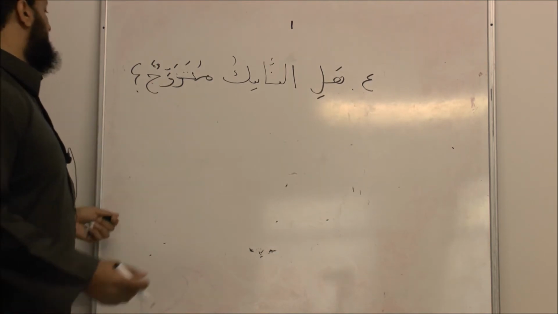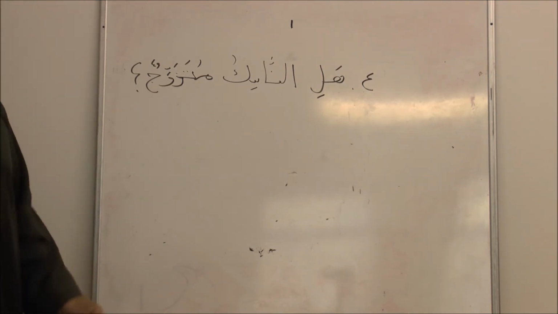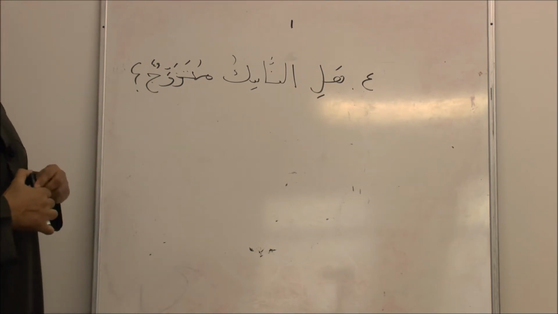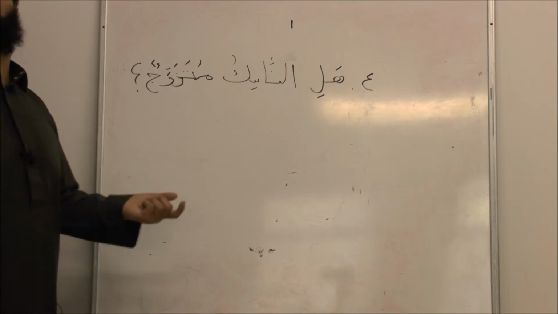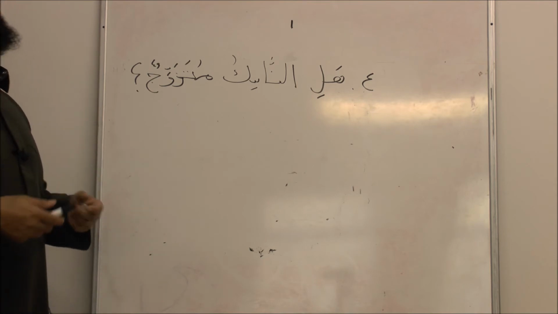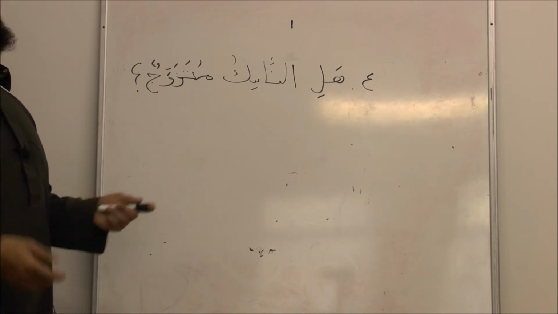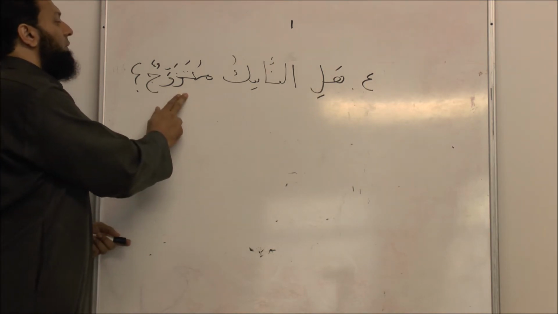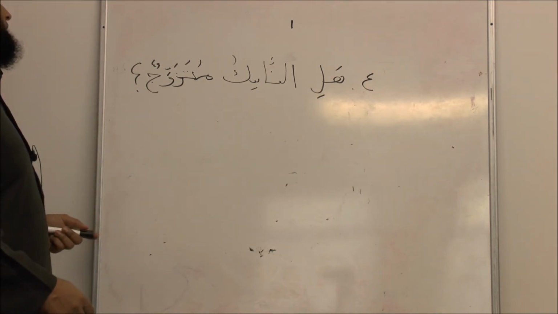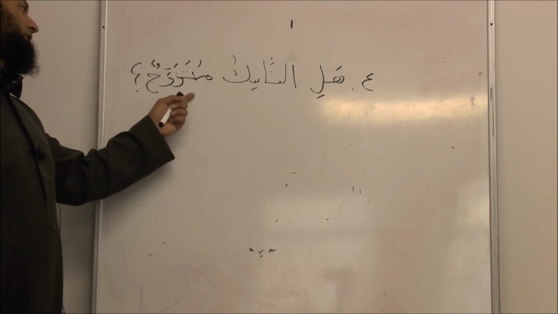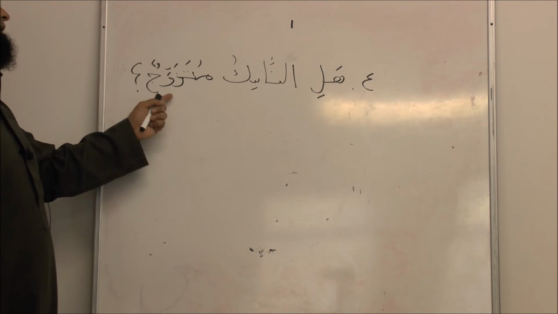What does متزوج mean? Married. Remember we encountered the verb that this is based on in our previous lesson, تزوج, when he said وتزوجوا امرأة جميلة. So here متزوج is the ismu maf'ul of تزوج, married.